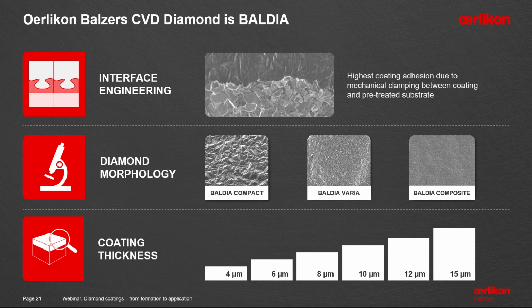Typically 6, 8, I would say 12 are widely used thicknesses, but there is not a predefined thickness like we would have for PVD coatings. So here the type of coating, but the thickness are always subject to the application and discussion.